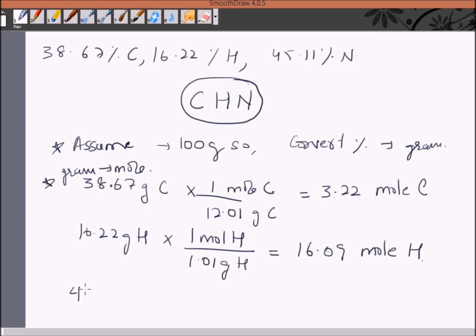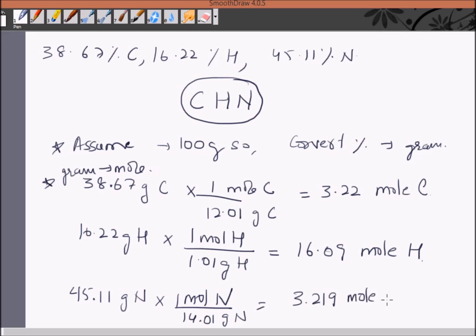Similarly, we calculate for the nitrogen, that is 45.11 grams of nitrogen with 1 mole of nitrogen upon 14.01 grams of nitrogen gives 3.219 moles of nitrogen.